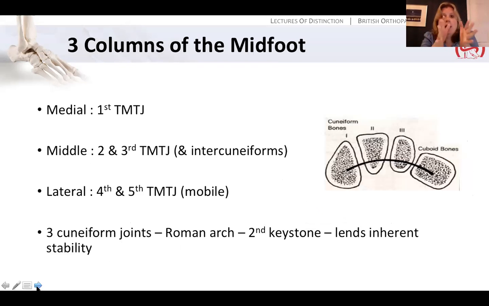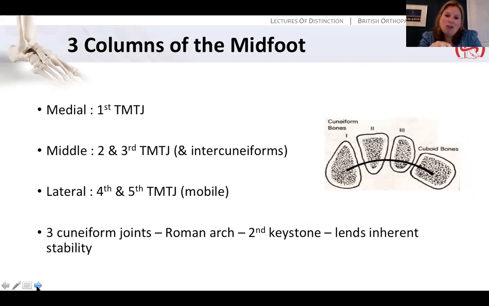Again, with the anatomy of the midfoot, we can talk about the different regions, but then we also talk about the columns of the midfoot. The medial column includes the first TMT joint. The middle one includes the second and third tarsometatarsal joints and the intercuneiforms.